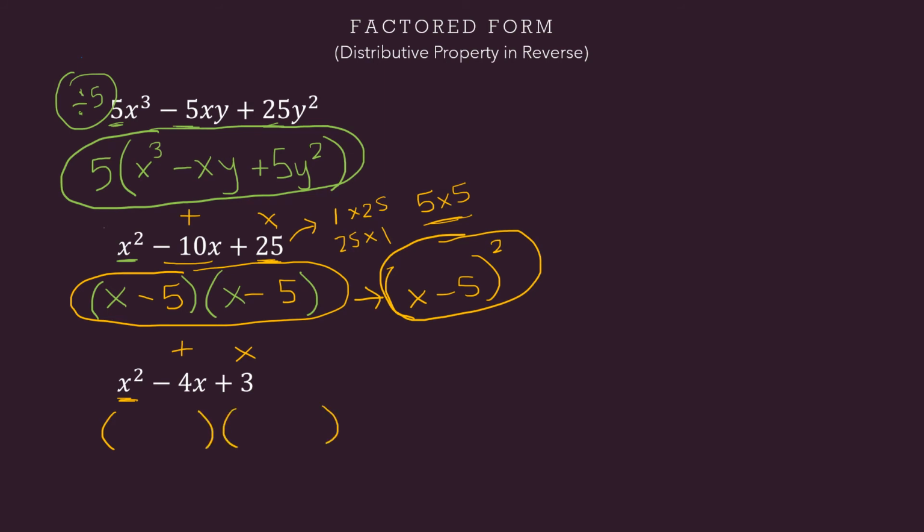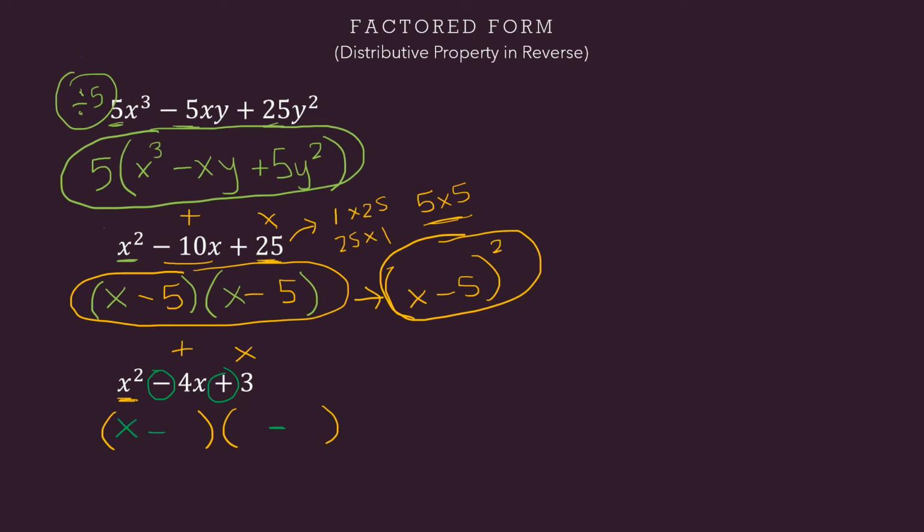Also, one shortcut that I've come to notice is that when the second term is negative and the third term is positive, that can already tell you that the factors are going to be negative. And that's what we saw in that second problem there. It's going to happen again in this one.